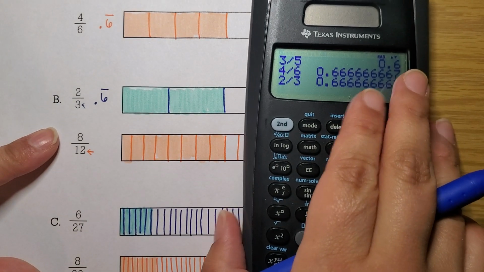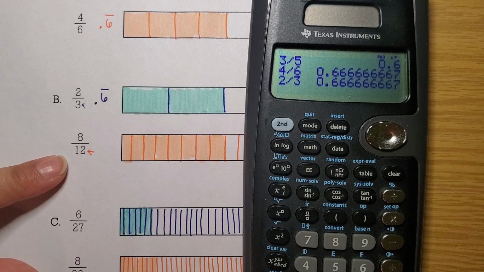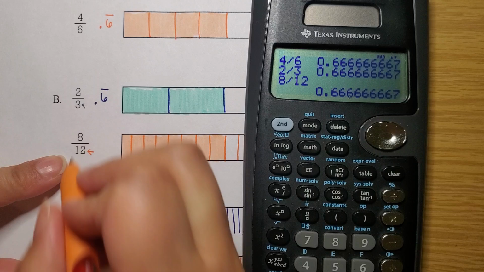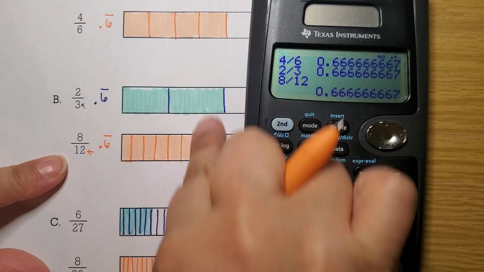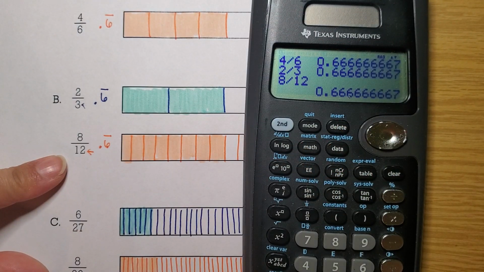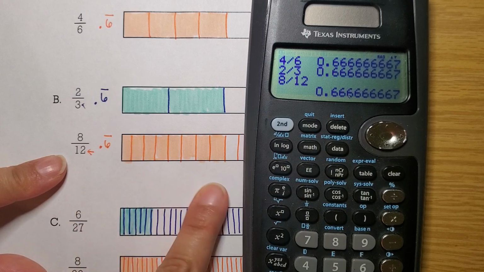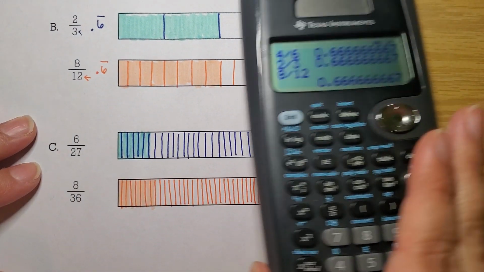All right, let's see if that 2/3 is the same as 8/12. So 8 divided by 12, also 0.6 repeating. So our pictures for these 3 actually were pretty good because they all gave us the same picture, just broken into more pieces.